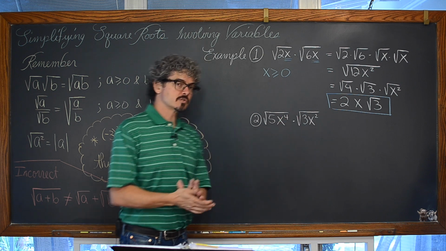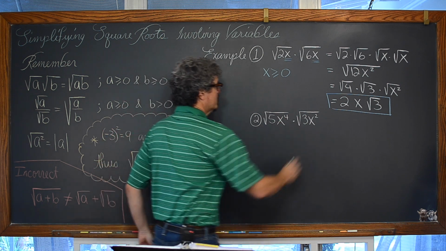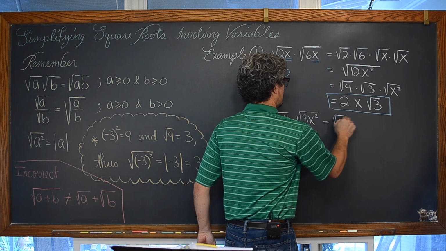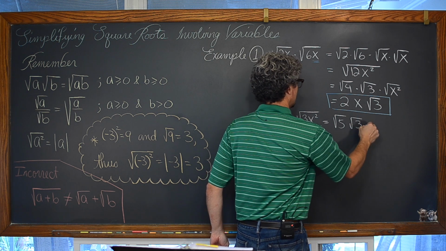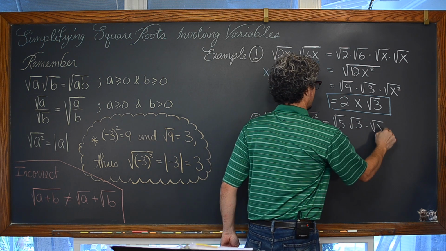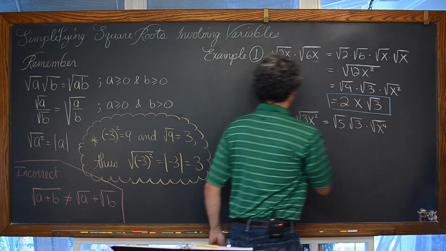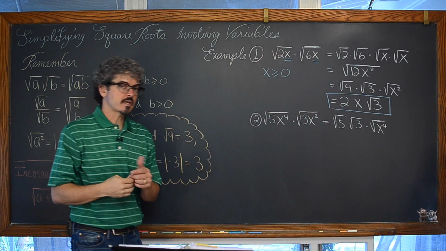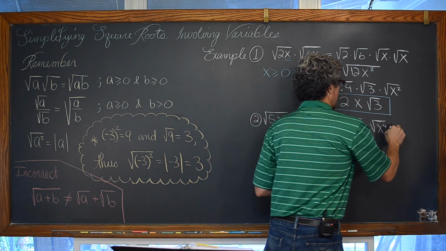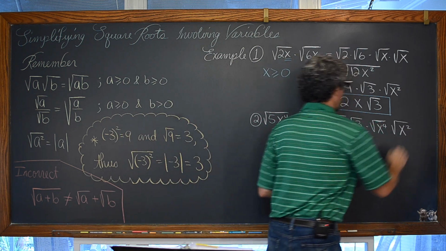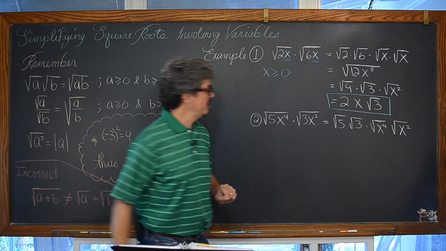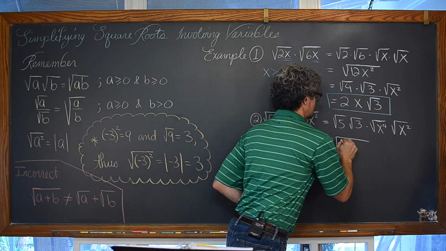Well, as we go ahead and multiply this together, we get the square root of 5 times the square root of 3 times the square root of x to the 4th. And we could simplify this now, but I'm going to look at it as we go through the problem, and the square root of x squared. Well, the square root of 5 times the square root of 3 is the square root of 15.